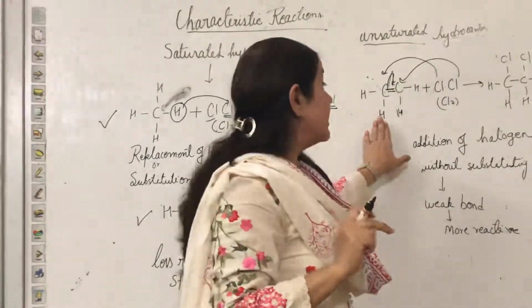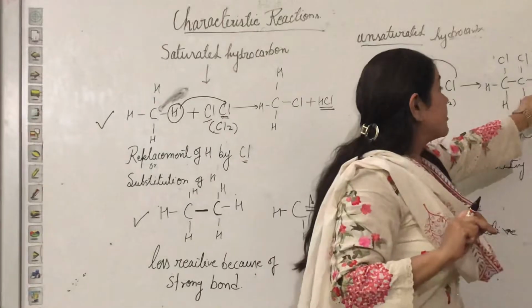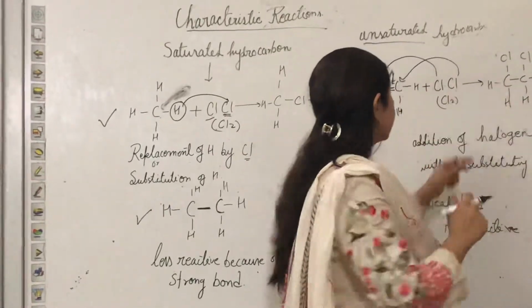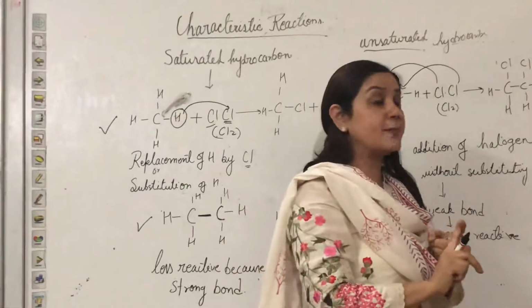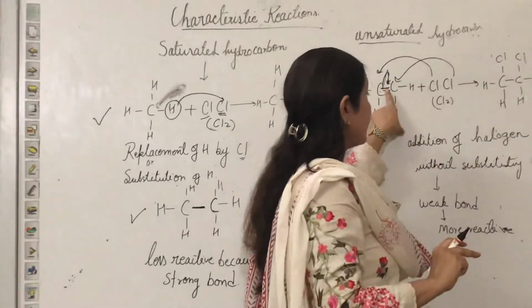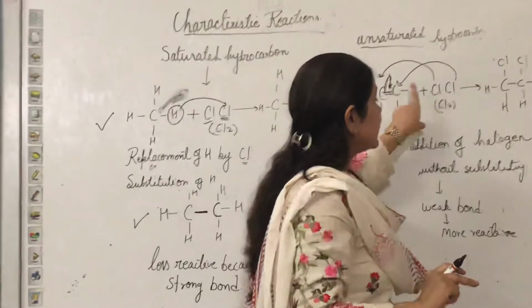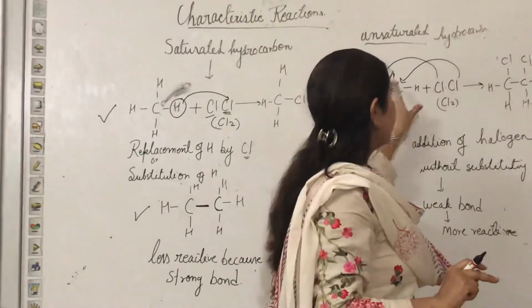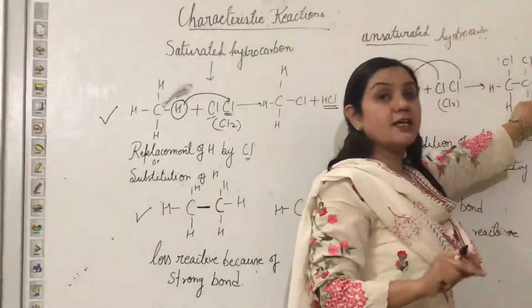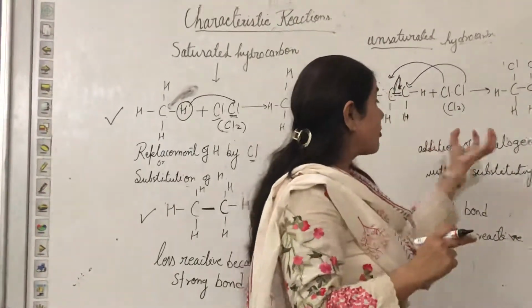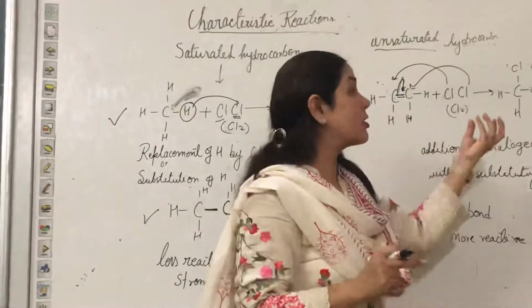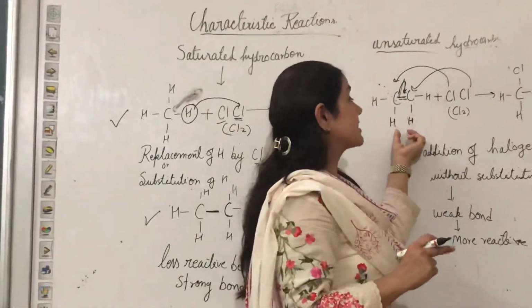You can see that the two hydrogens are there, but because this is the weak bond, it is easy to break, so this bond will break and one Cl will attach over here and one Cl over here and the compound will form. So without substituting, you are going to add the chlorine in this compound.